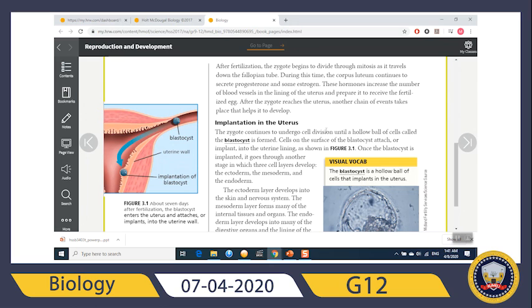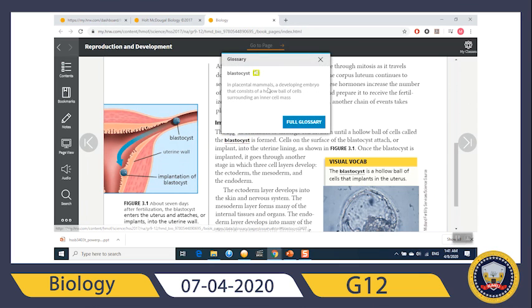Now, after many divisions, the zygote will become a blastocyst. A blastocyst, in placental mammals, is a developing embryo that consists of a hollow ball of cells surrounding an inner cell mass.